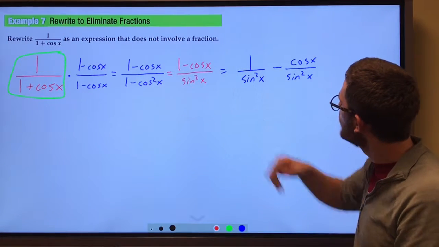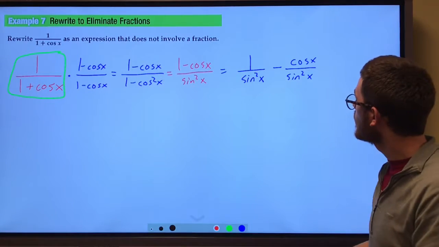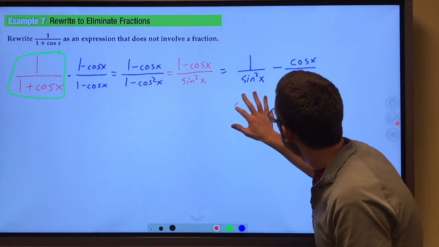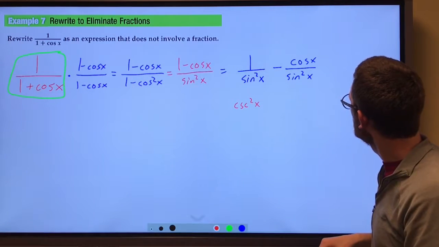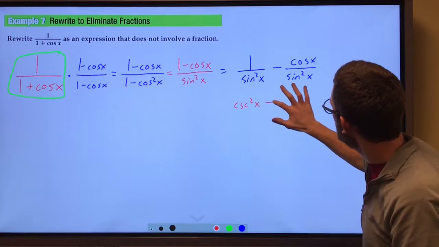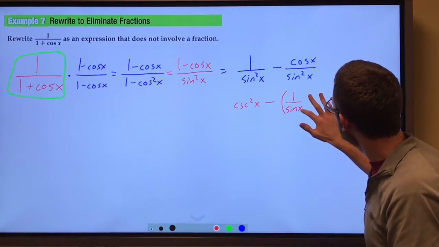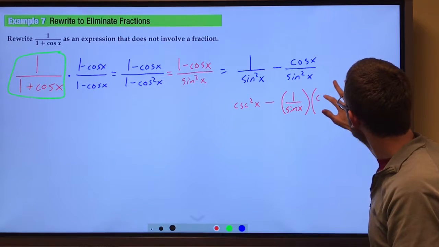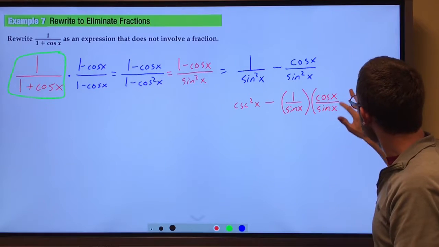So right here, 1 over sine squared of x, we know by the reciprocal identity that would be cosecant squared of x. And I'm going to actually write this as the product of 1 over sine of x times cosine of x over sine of x.